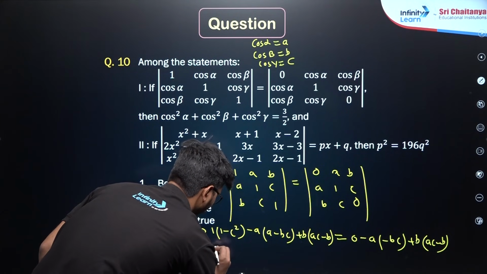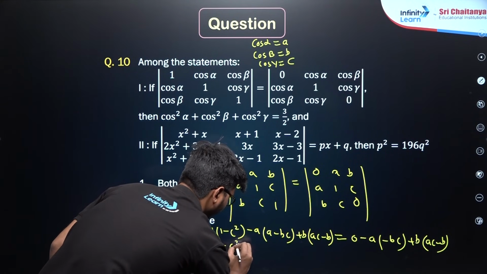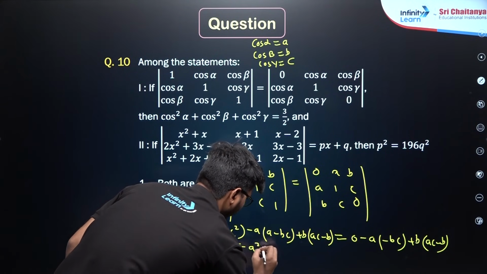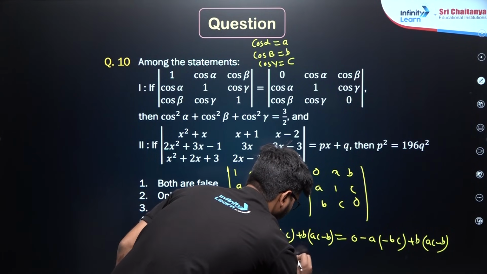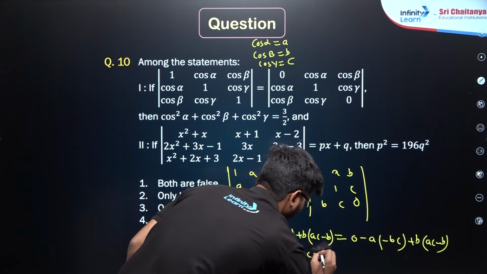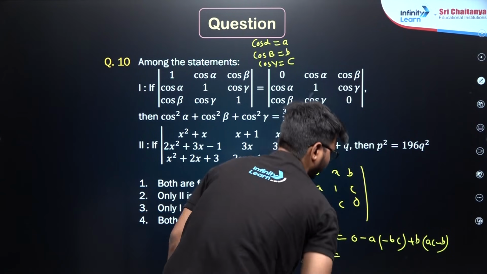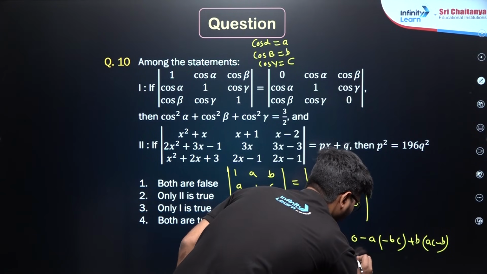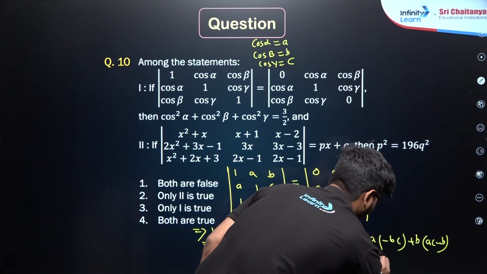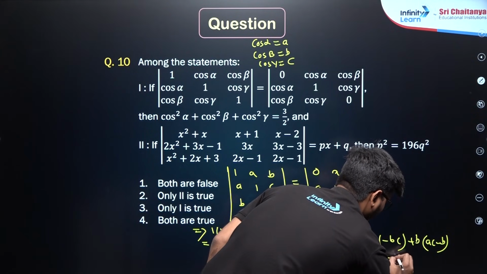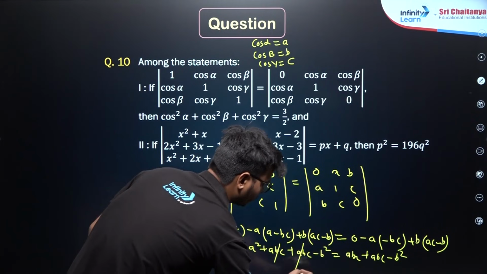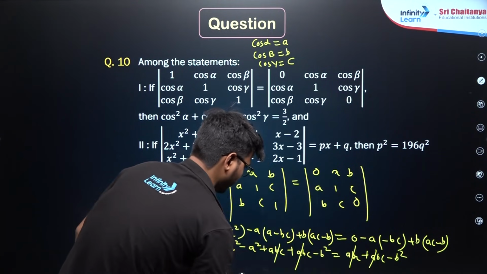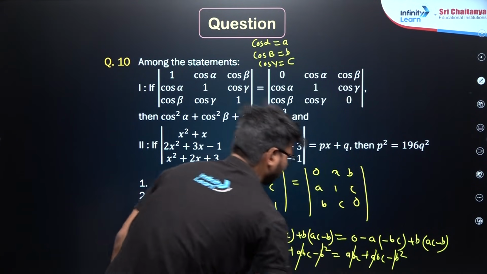So we are going to have 1 minus C square minus A square plus ABC, plus ABC minus B square, plus ABC, and here also plus ABC, and minus B square, correct? So if you observe, plus ABC gets cancelled, minus B square minus B square gets cancelled.